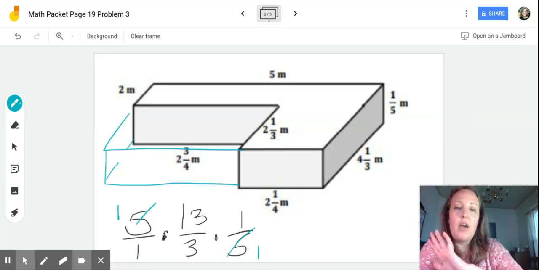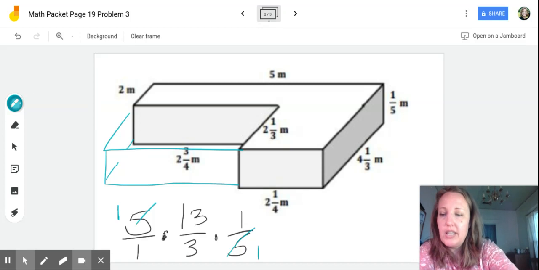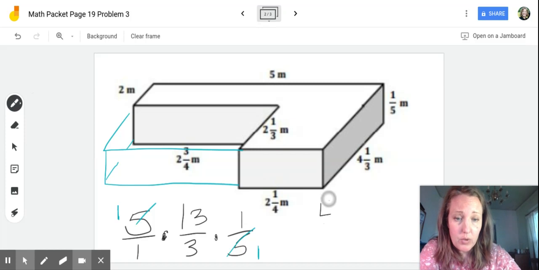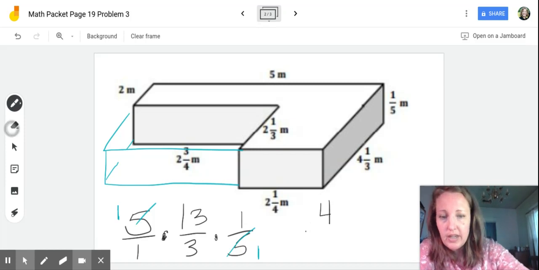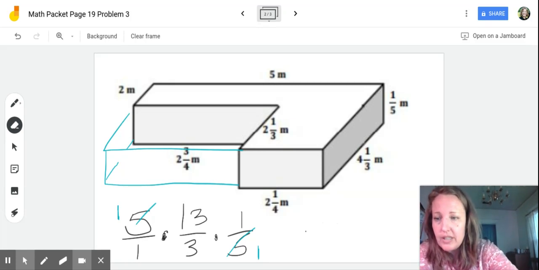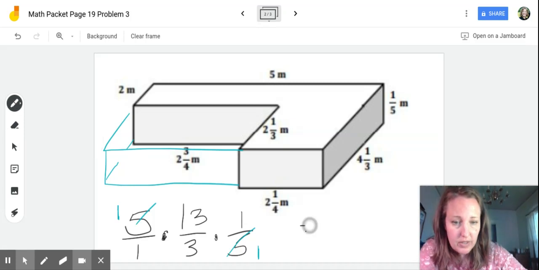The volume of the whole entire thing, even with that fake part that I created, is going to be simply 13 thirds as a fraction. I'm going to leave it improper for right now. That's the whole thing, right?